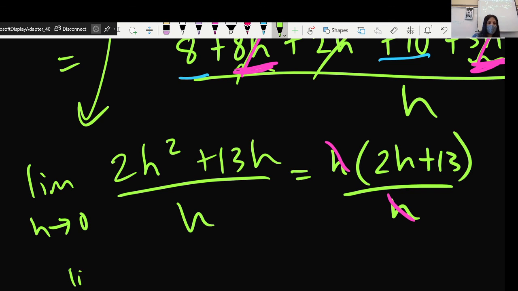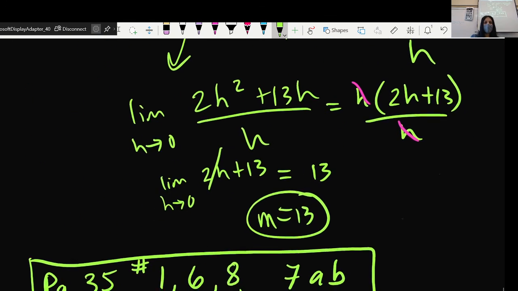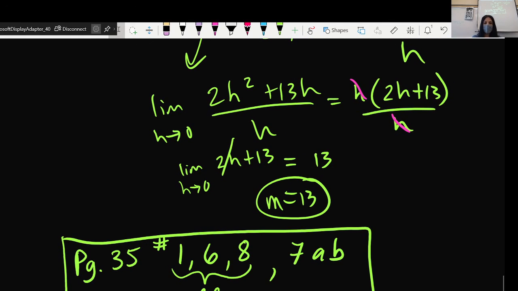So now if I do the limit as h approaches 0 and all I have is 2h plus 13, there's no issue because I don't have an h in the denominator. The 2h is going to be wiped out when I plug in a 0. So my answer after all that work is that m is equal to 13, because that's what we were doing this for. There is your assignment.